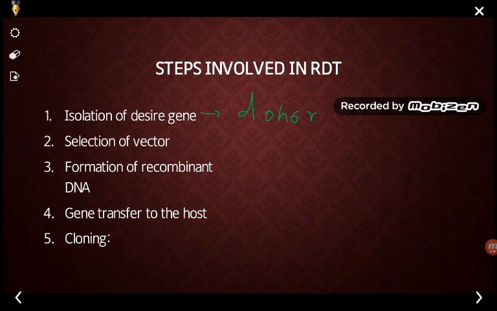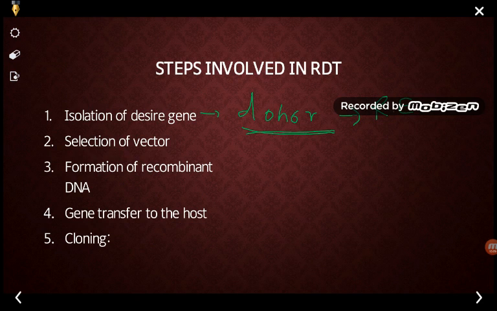And from the DNA of the donor, a particular gene is selected and isolated by using restriction endonuclease enzymes. So the interested part of the gene is selected and then cut by means of the restriction enzymes.